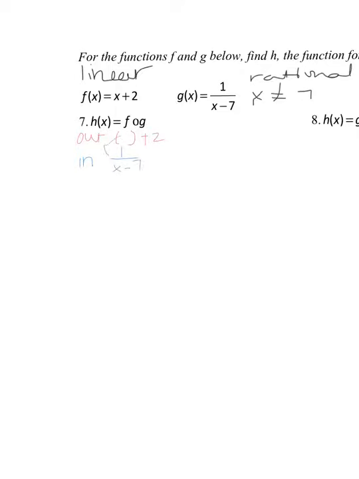That goes in those parentheses there. And so f of g of x is equal to 1 over x minus 7 plus 2. That's just 1 over x minus 7 with a plus 2 on the end.